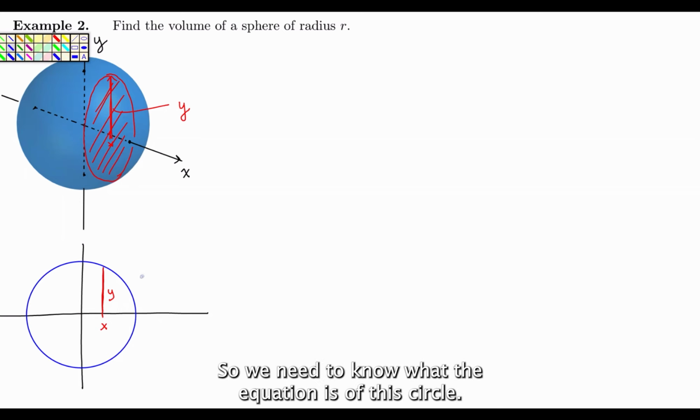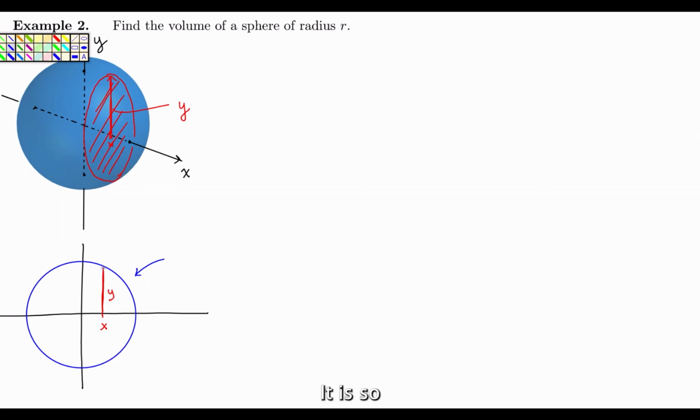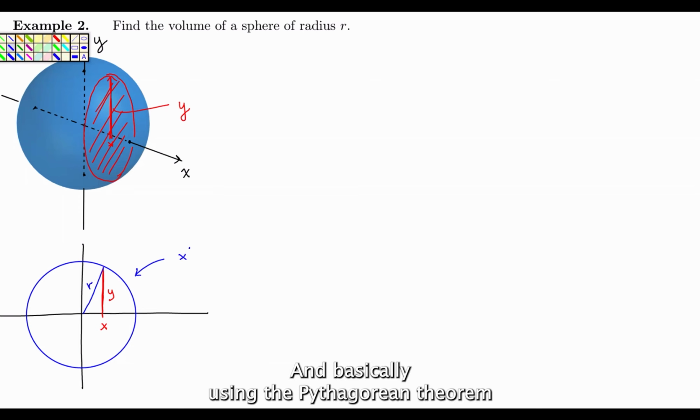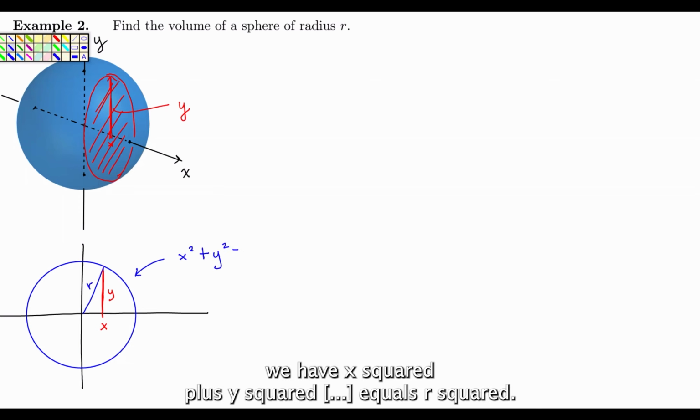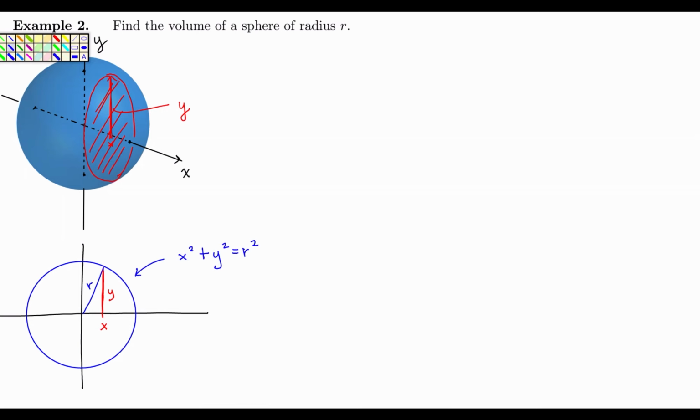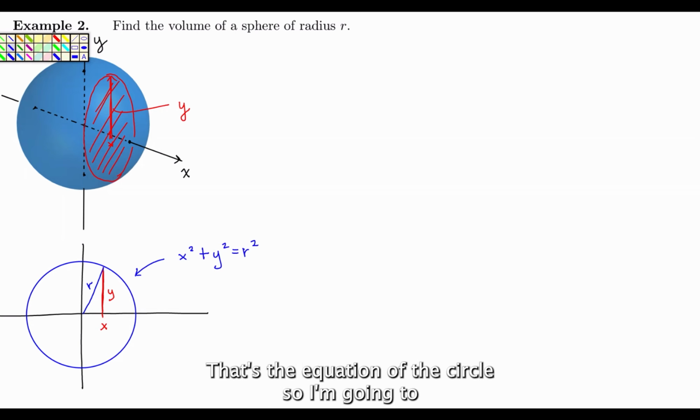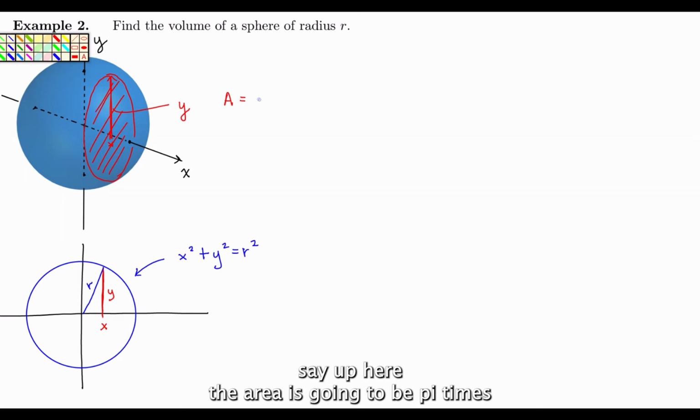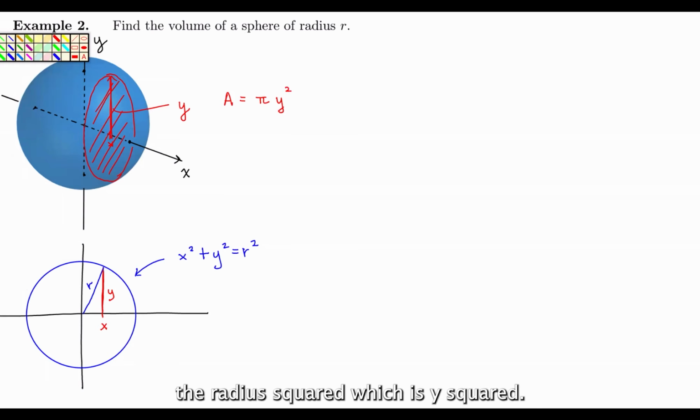So we need to know what the equation is of this circle. So this is a radius r circle. And basically using the Pythagorean theorem, we have x squared plus y squared equals r squared. That's the equation of the circle. So I'm going to say up here, the area is going to be pi times the radius squared, which is y squared. That is in terms of y.